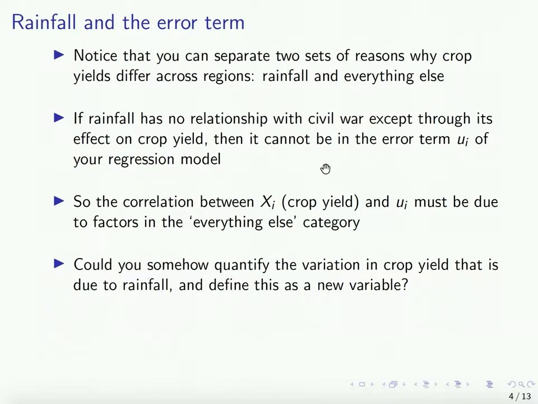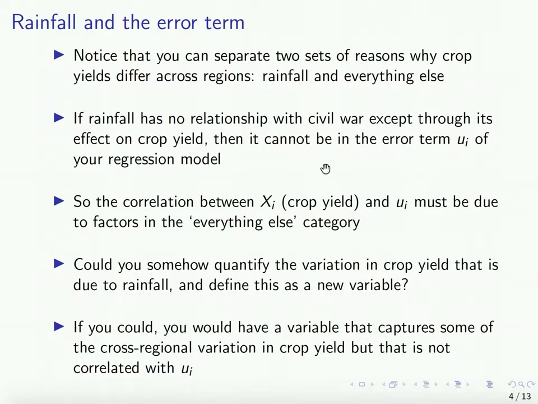So could we somehow quantify the variation in crop yield that is due only to rainfall and define this as a new variable? If we can, then we're going to have a variable that captures cross-regional variation in crop yield and is not going to be correlated with ui.